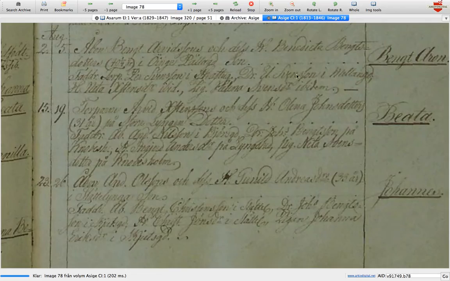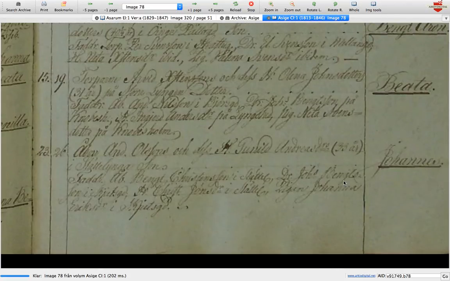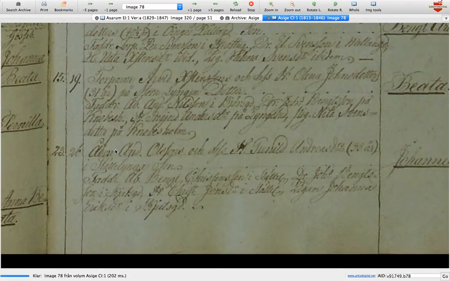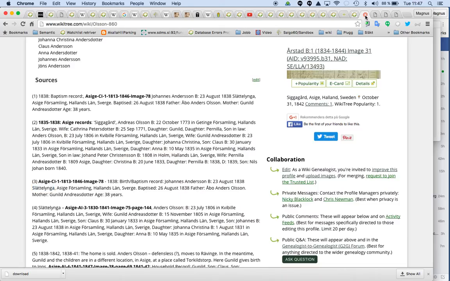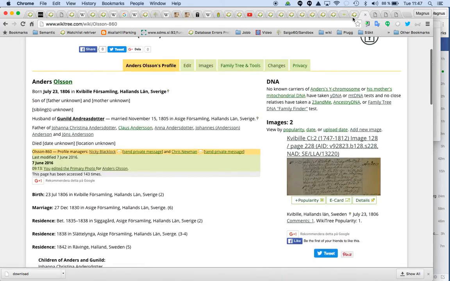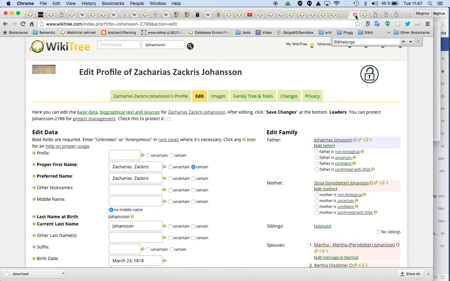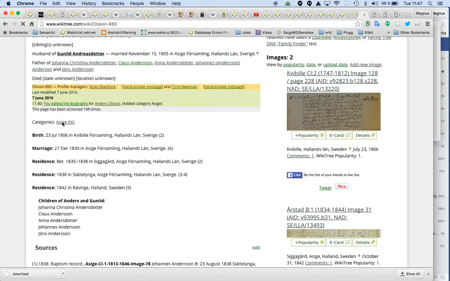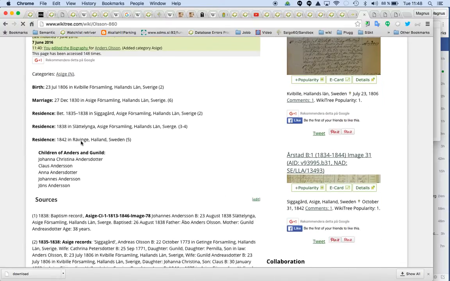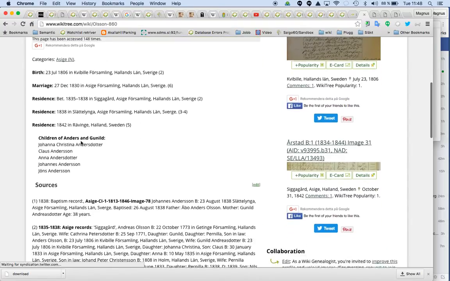So what we did find now was that Johannes was Åbo. What I will do now is, sorry, this is confusing, but that's me. I added this Asige here, but then we know also that he is Åbo.